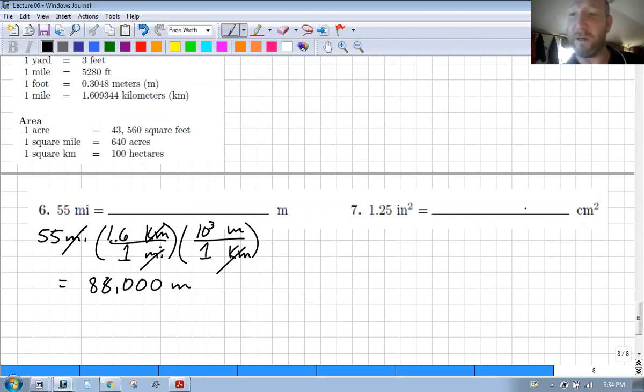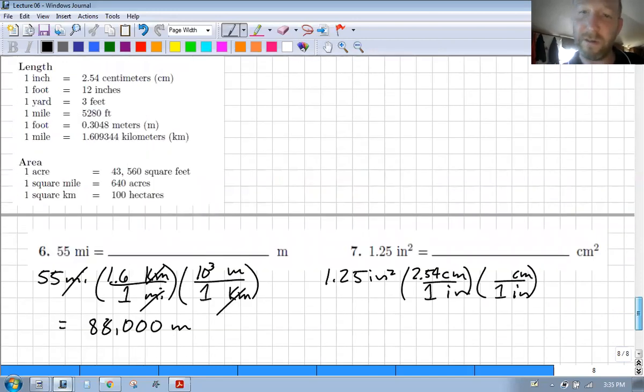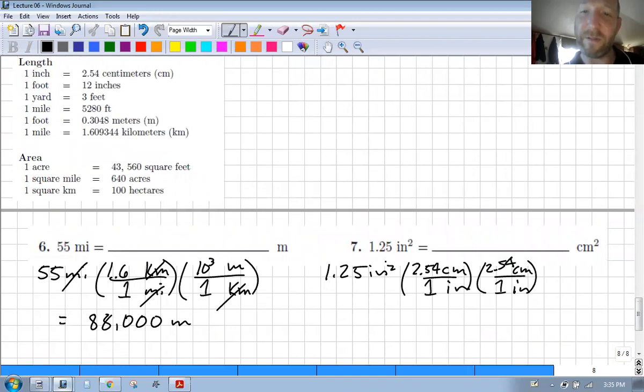Inches squared to centimeters squared. Well, that one's easy. We just have to do it twice here because it's inches squared. So we're going to end up with centimeters squared. 1 inch is 2.54 centimeters. Is that right? Let's go check. Yeah, 1 inch is 2.54 centimeters.